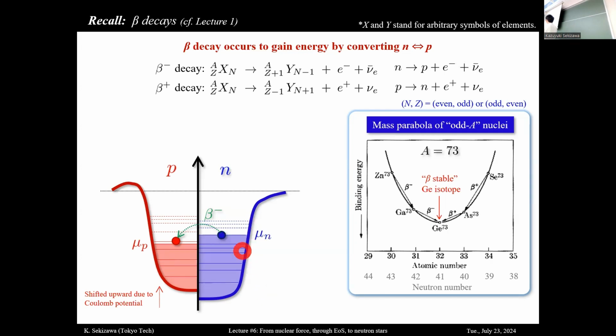In such a case, by converting a neutron at the Fermi level to a proton through beta minus decay, the system becomes more stable. And by the way, because of the Coulomb repulsion, this potential is shifting upwards. But anyhow, in this way the system tries to reduce the energy through beta decay.